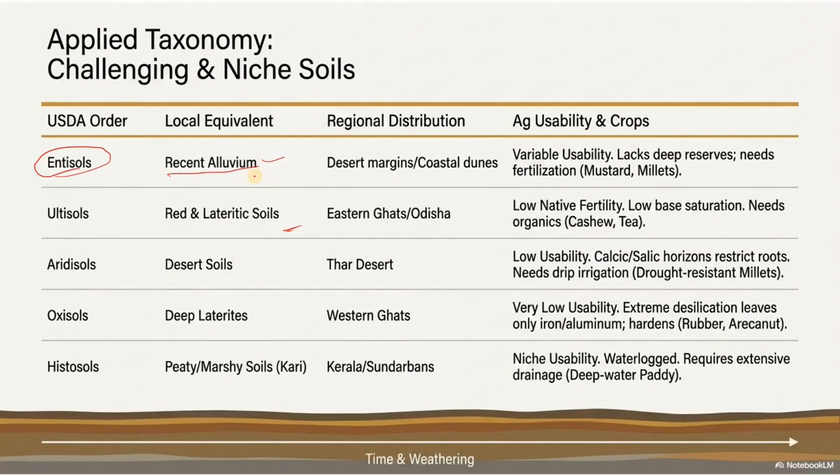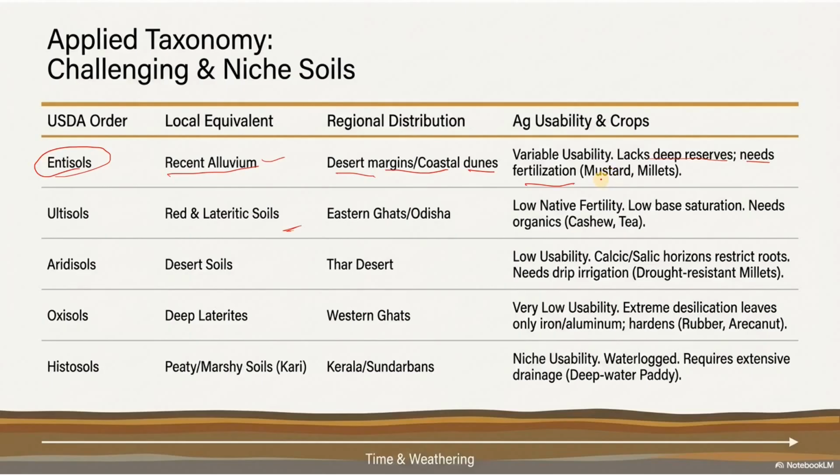Yet this has to develop a little more to be usable, or to be called alluvial soil. And where are these found? In the desert, in the coastal margins, in the dunes. And these have variable usability, lack deep reserves, and need fertilization for the growth of the crops.